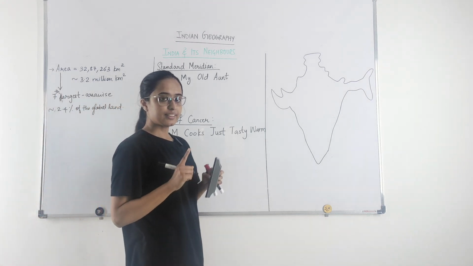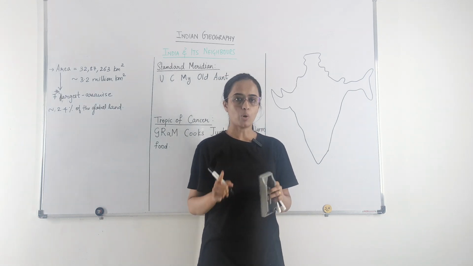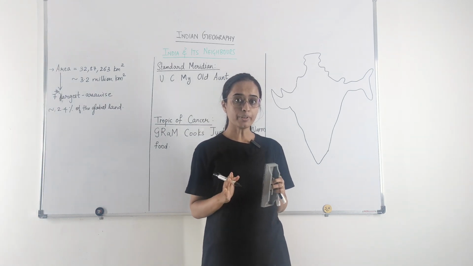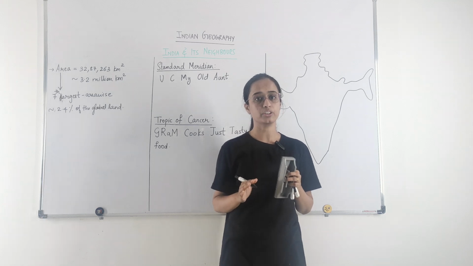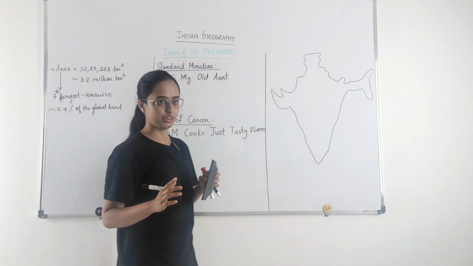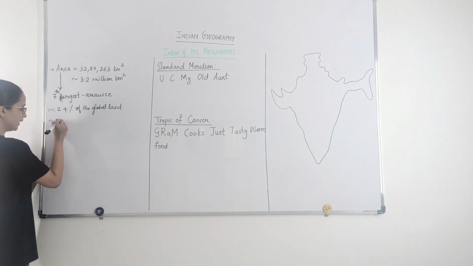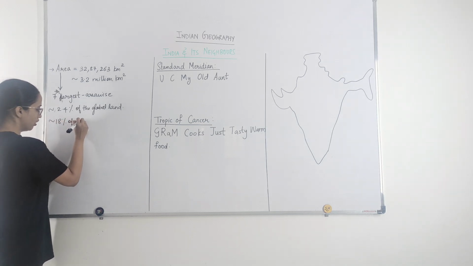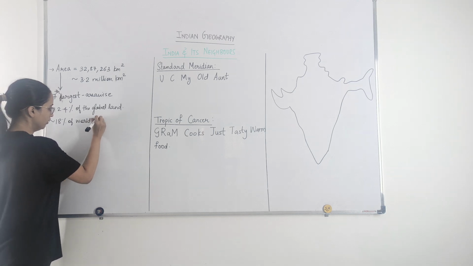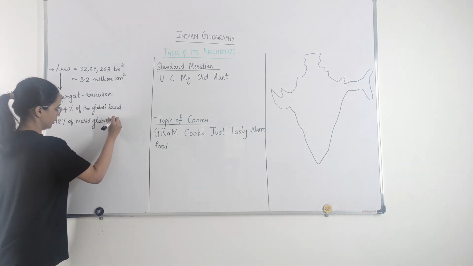Whereas India is the largest country according to the population, and it accommodates approximately 18% of the total global population. So population wise, India is the largest and it has 18% of world's global population.